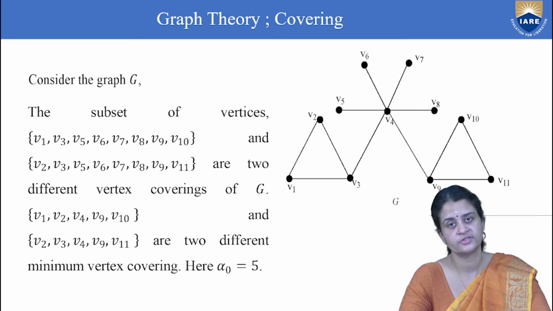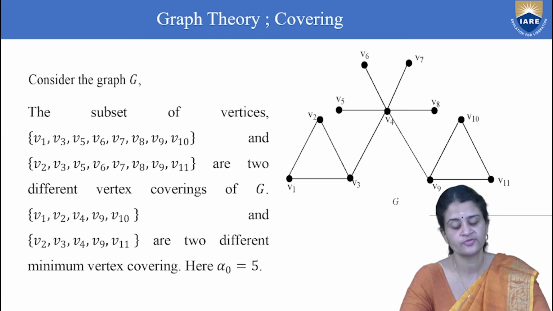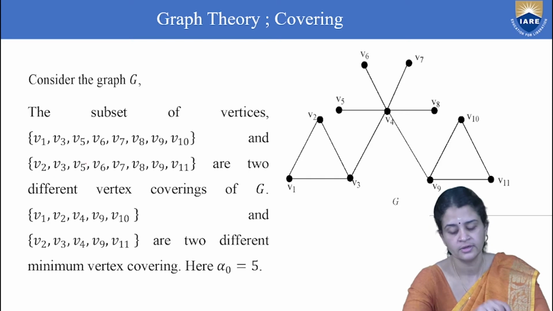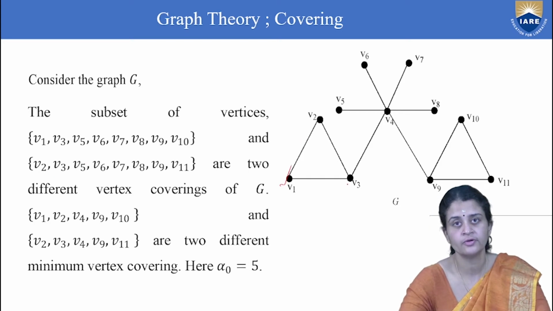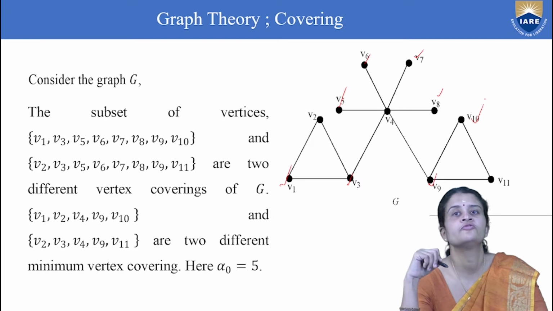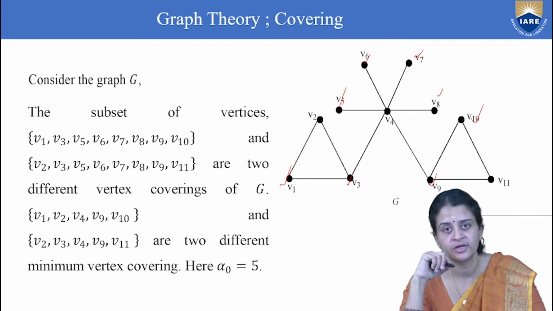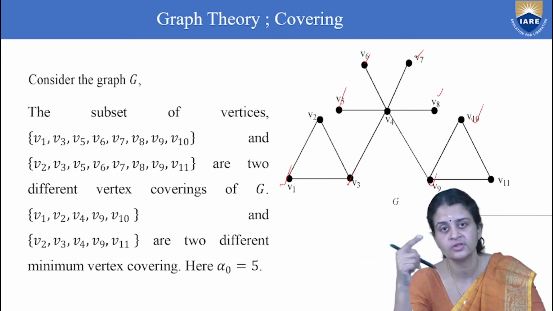Now consider this graph with 11 vertices. We can see the subset of vertices V1, V3, V5, V6, V7, V8, V9, V10. If we consider this subset of vertices, we can see that all the edges are incident with these vertices.